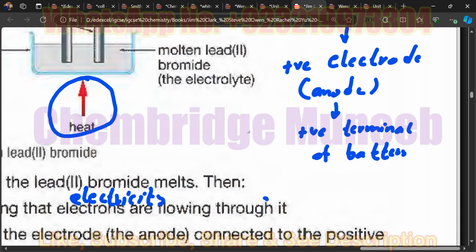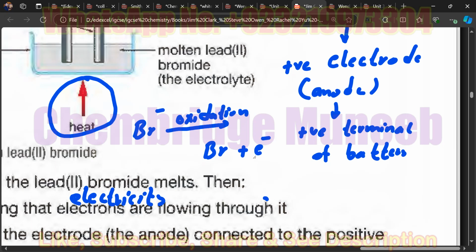So Br negative ions will show an oxidation reaction at the anode. When they go through oxidation, as a result, a Br atom is formed along with the loss of an electron at the anode.